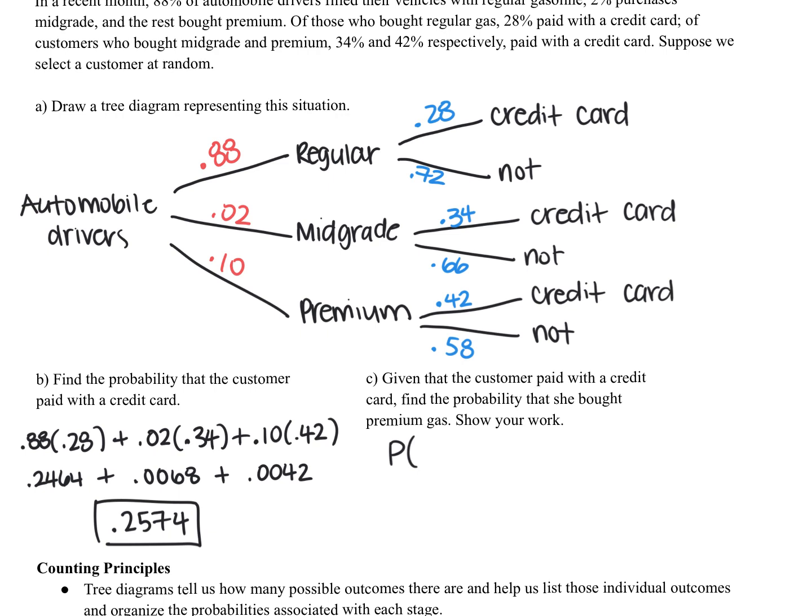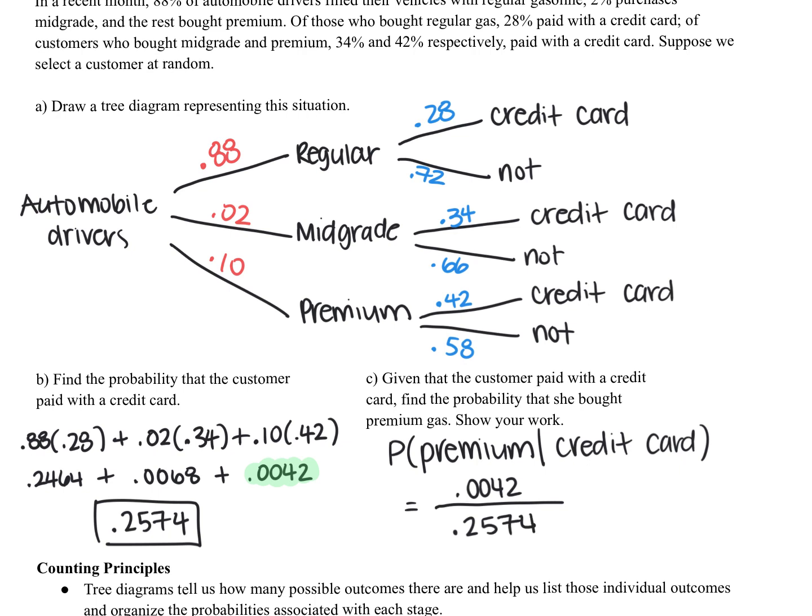The probability you bought premium, given you paid with a credit card. So that's the probability you got premium and paid with a credit card, which is the 0.0042, over the probability you paid with a credit card, which we already found. So it's 0.0042 over 0.2574.